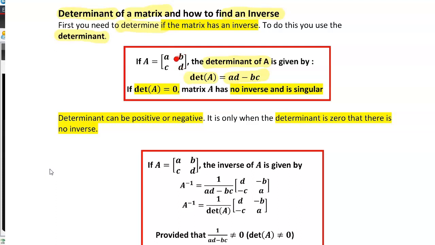What we're really looking for here is to see whether or not that determinant is equal to 0. If it's equal to 0, this means it has no inverse. So we're looking to see if that determinant is 0. If it is equal to 0, then we have no inverse, we can't go any further.